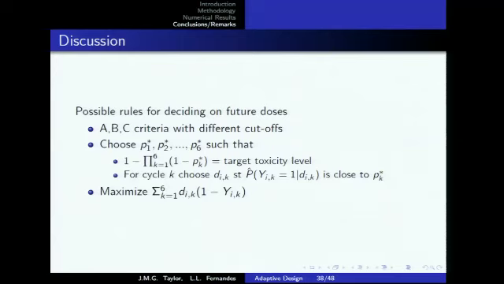So cycle 1 has an acceptable target level of P1 star, and cycle 2 has a target level of P2 star. Those may not be the same. You might be more willing or less willing to accept toxicities earlier than later. So you can choose these P1 stars up to P6 stars to give you an overall target toxicity level for the whole trial. And then each cycle, you just choose a dose to hit the one relevant to that cycle.